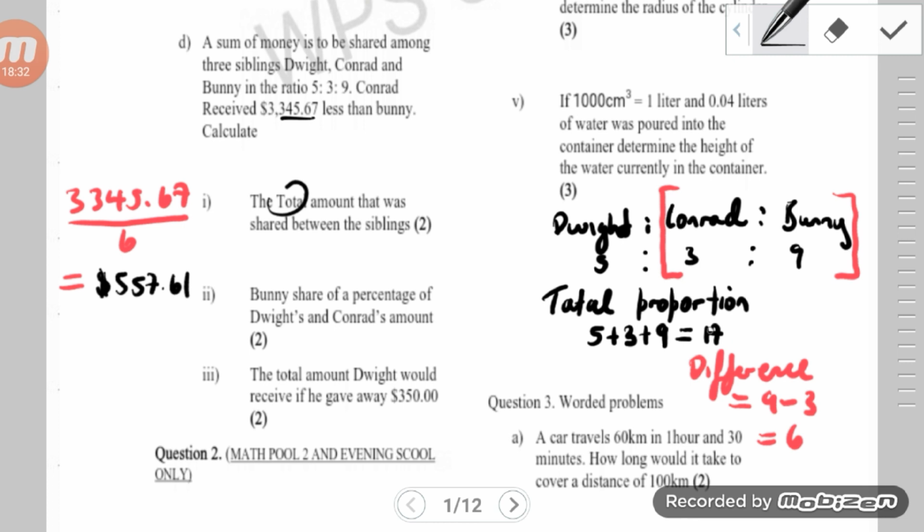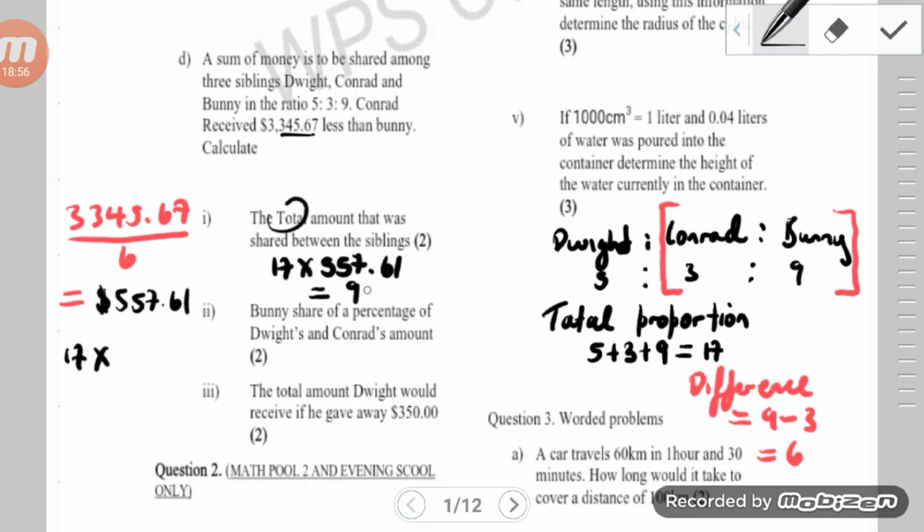So the total value is 17 multiplied by 557.61 cents, and that will give us a total of, let me just pull that up, multiplied by 17, $9,479.39, rounded off to about 40 cents. So that would be the total amount of money that was shared between all 3 siblings.